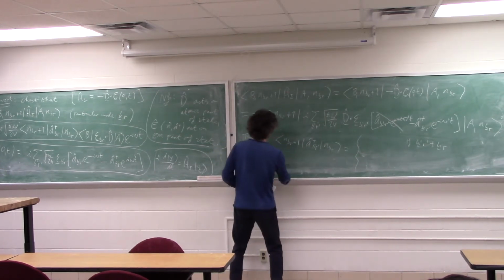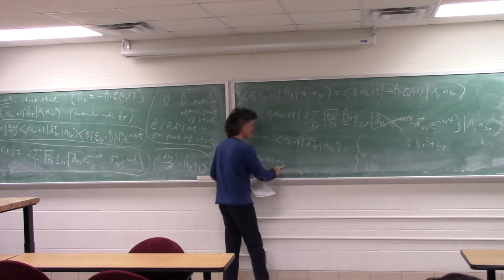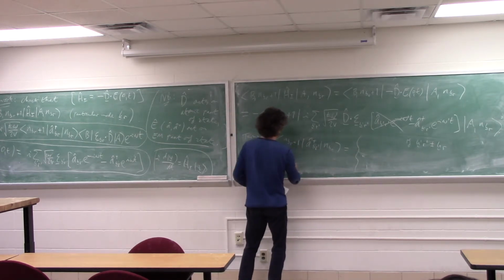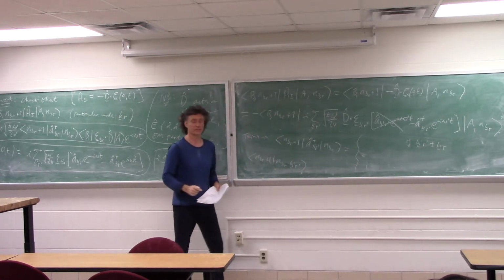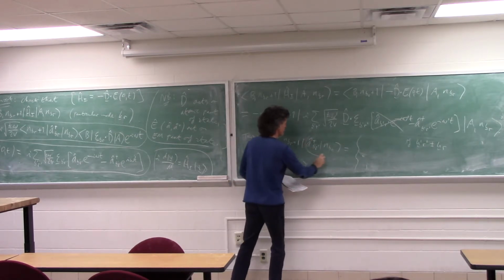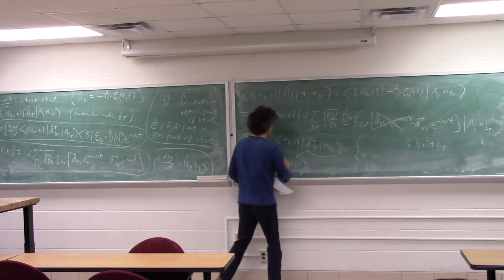Here you would have n kr photons in the mode kr, but you would also have a photon in the mode k' r'. Here you create a photon in the k' r' mode. So this is proportional to this state.